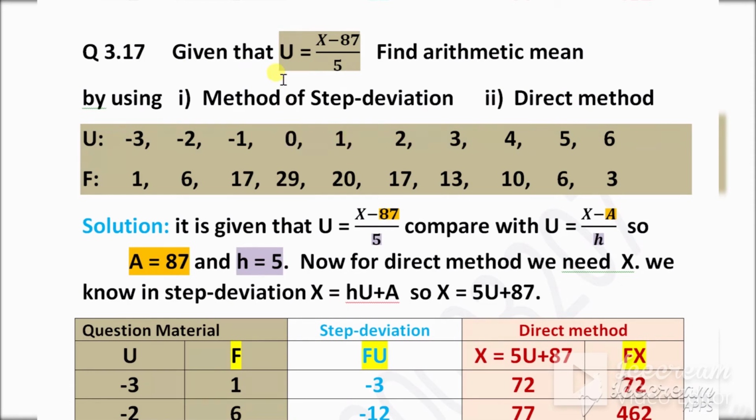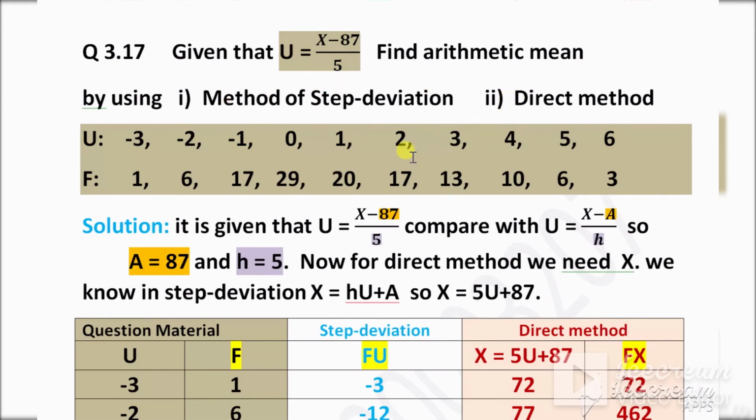Now in this question u is given; in the previous question d was given, and f and d were given. In this question u and f are given. So find the mean by the step deviation method and the direct method.